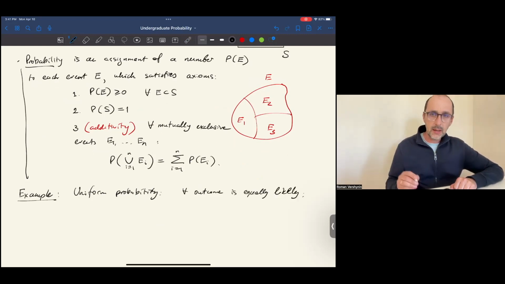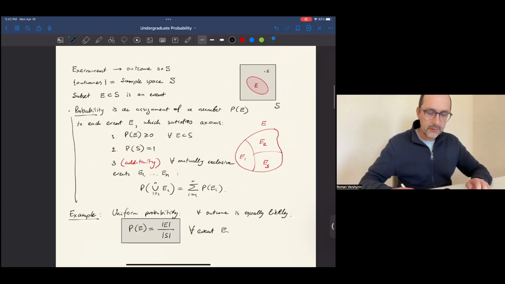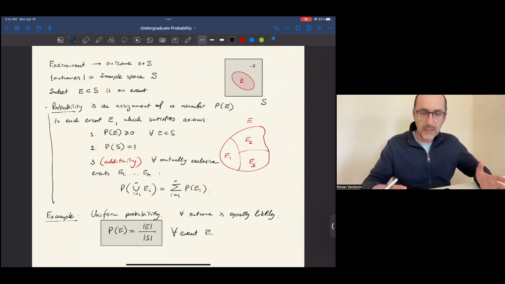Any outcome that can happen has the same probability. In this case, the probability of any event is proportional to the number of elements in it. So the probability can be computed using this formula. This is the basic framework of probability theory.